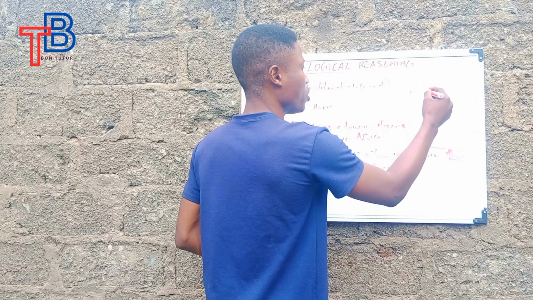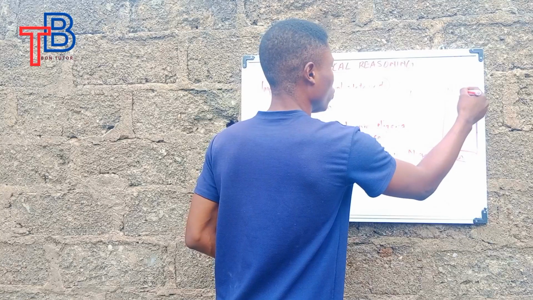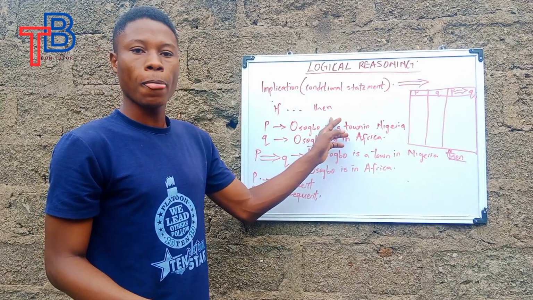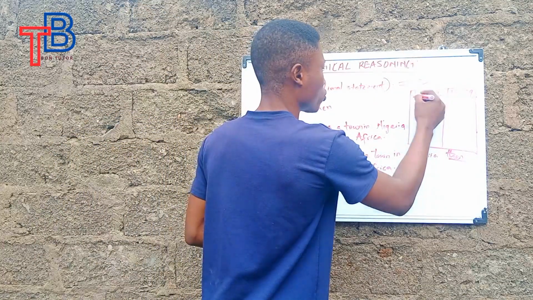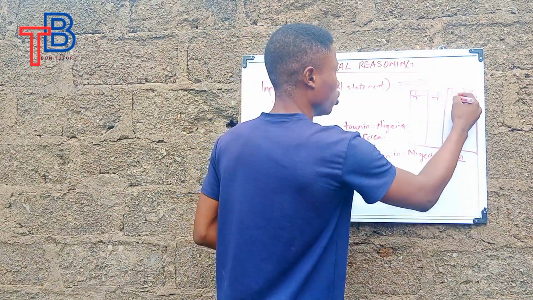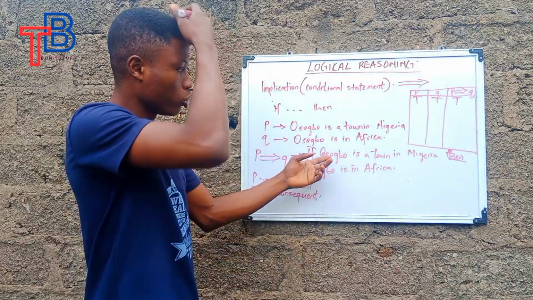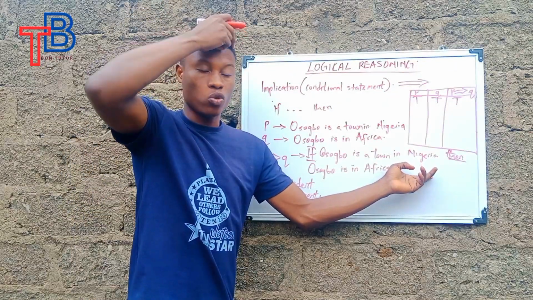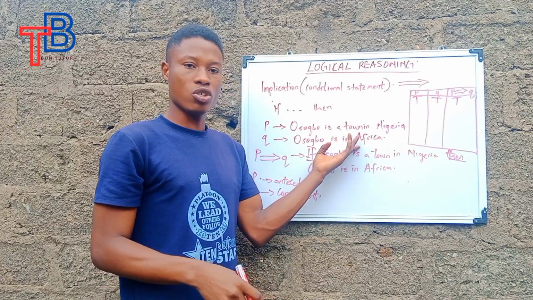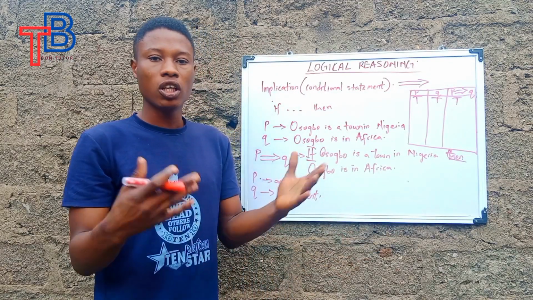We have statement P, statement Q, and the conditional P implies Q. If the statement P is true and the statement Q is true, then the conditional statement will be true. Because we said if Oshogbo is a town in Nigeria, and that is true, and we know Nigeria is in Africa, then the other statement is true also. That means the whole conditional statement will be true.